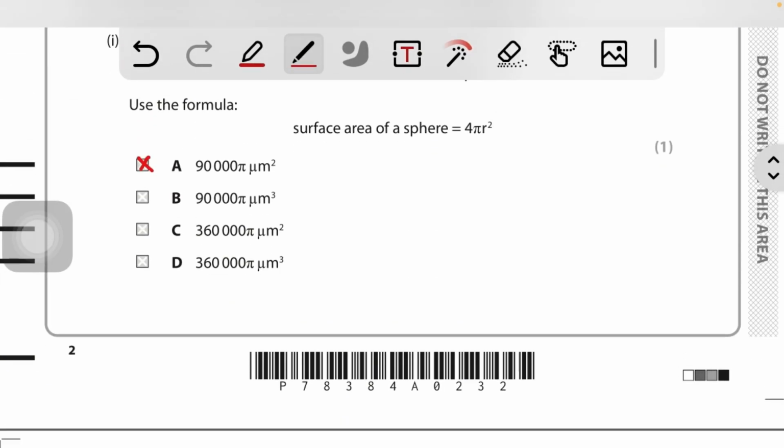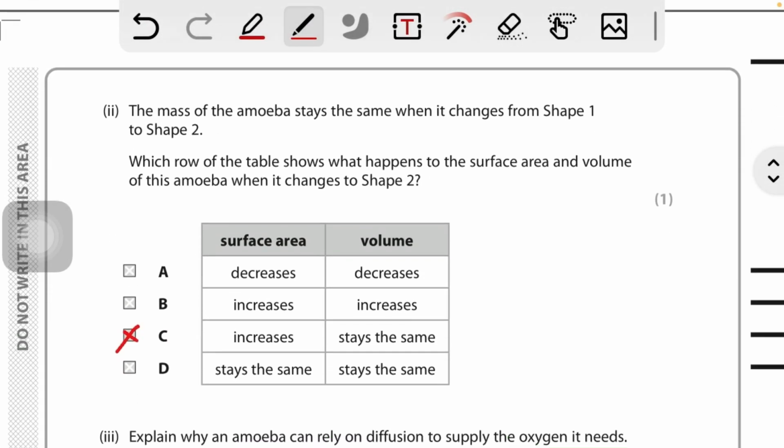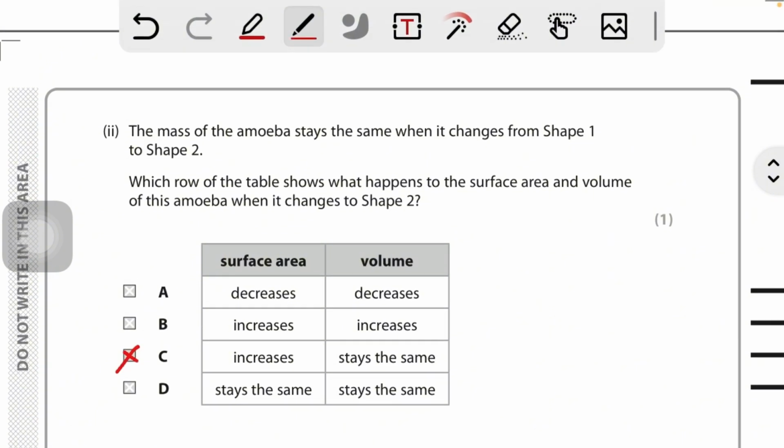So now let's move on to the next question. 3. The mass of the amoeba stays the same when it changes from shape 1 to shape 2. Which row of the table shows what happens to the surface area and volume of the amoeba when it changes to shape 2?